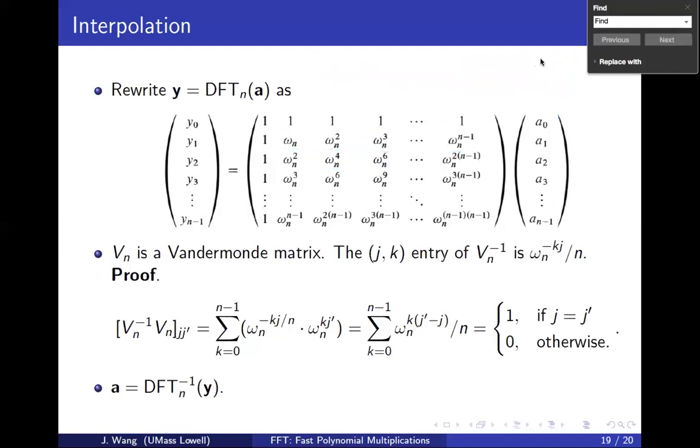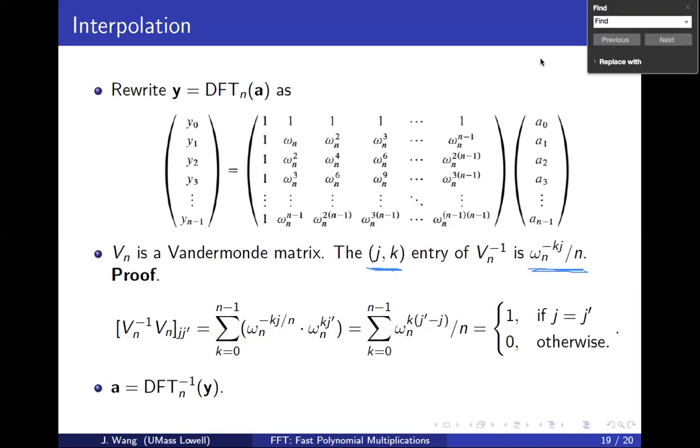And the good thing about this matrix is it is a Vandermonde matrix. The Vandermonde matrix has a good property: first of all, it's invertible, and then the inverse has a very simple form. So that's omega_n to the negative kj over n for the jk-th elements.